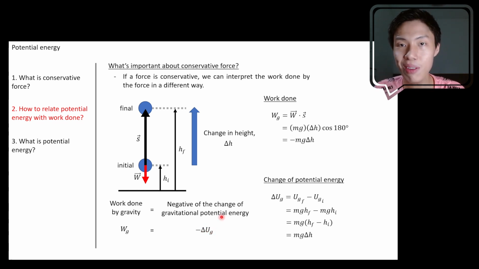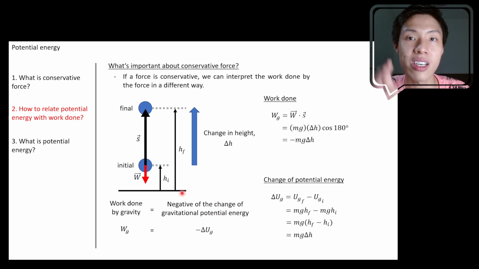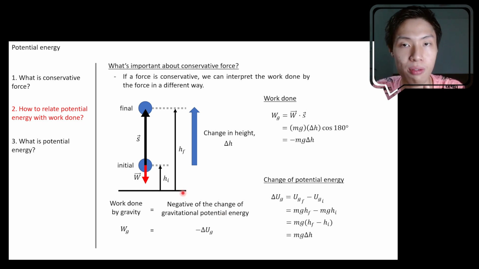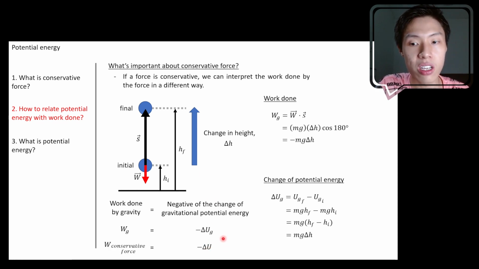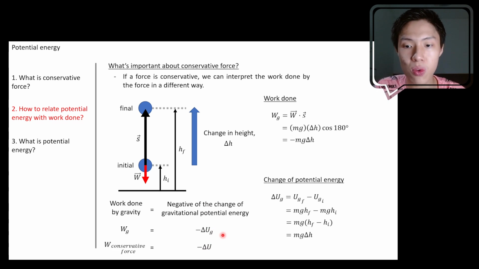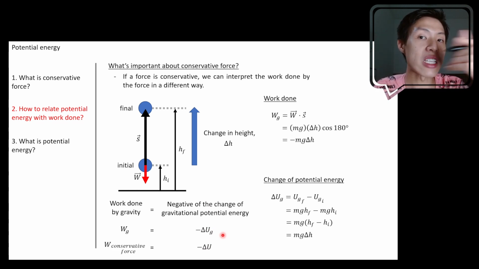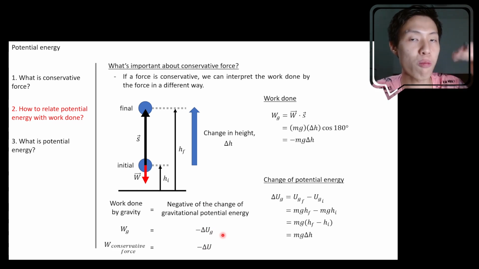So this is something very important because what I'm trying to tell you is, if your work done here is a work done by a conservative force, you can re-express the work done by a conservative force as the negative of the change of potential energy. So we are re-expressing the work done by a conservative force in terms of the change of potential energy.